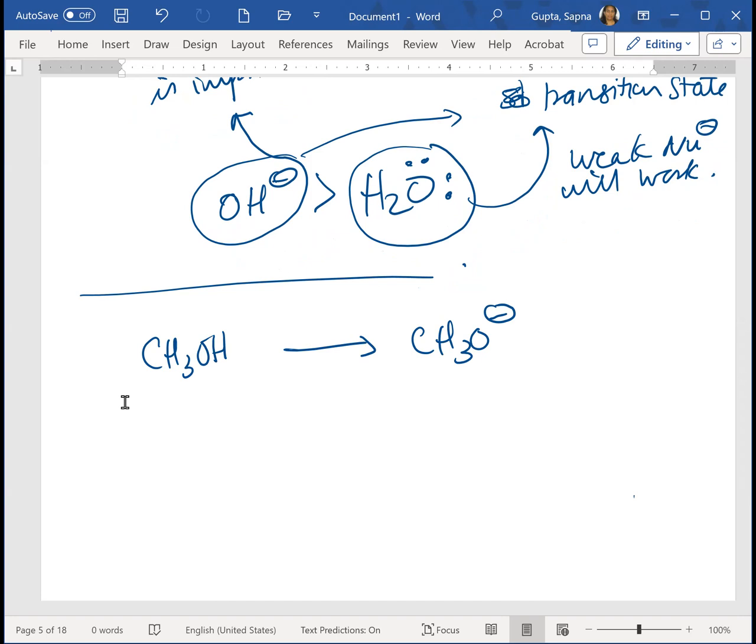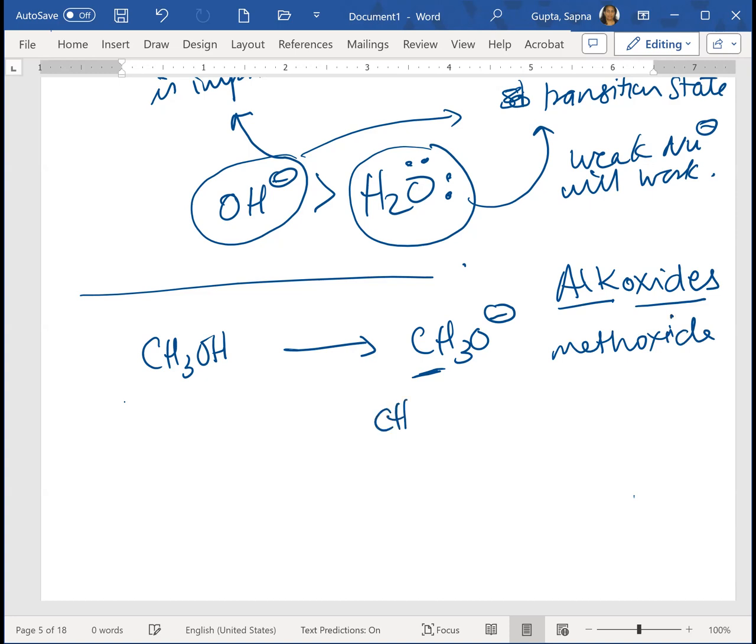First of all, let's talk a little bit of nomenclature, because you're going to see these a lot, so I need to go over this quickly. These on the right-hand side are called alkoxides, alk and then oxide. This is a one carbon thing, so this is a methoxide. Simple nomenclature.